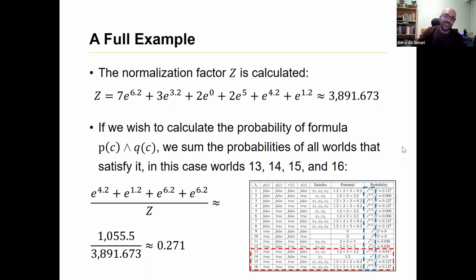The reason is because it's right here in blue. I have to go through all the worlds just to calculate Z. So this normalization factor, which is at the heart of getting a probability, if I don't have that, I just have numbers, then I could just encode sharp SAT in one of these.